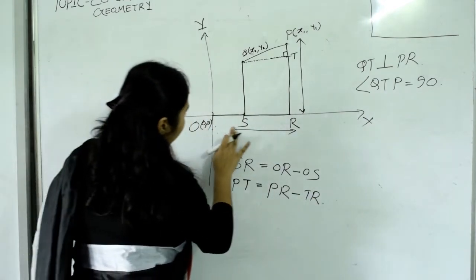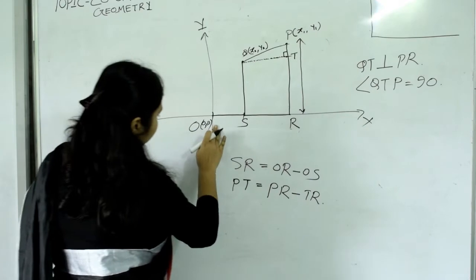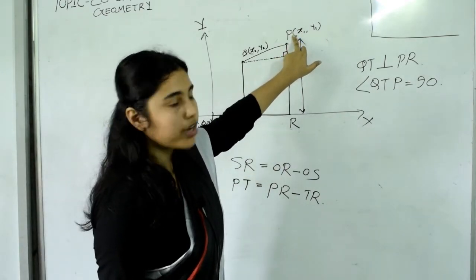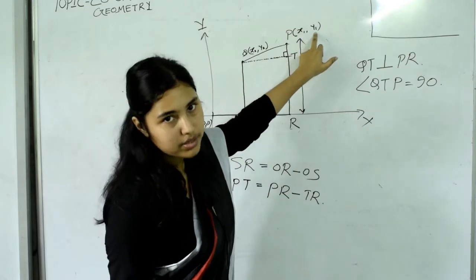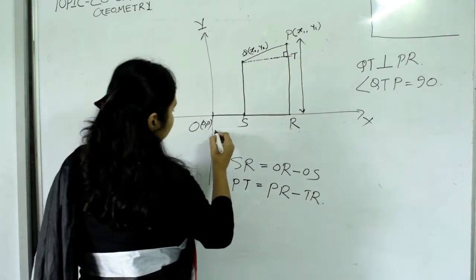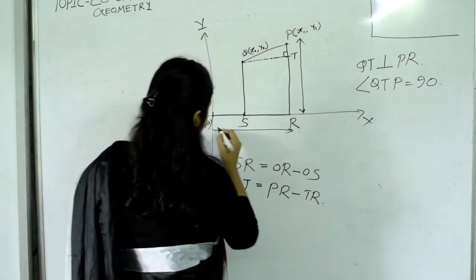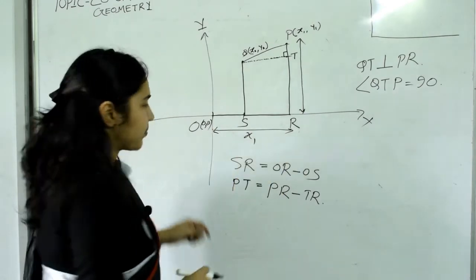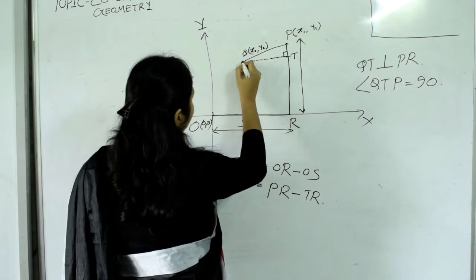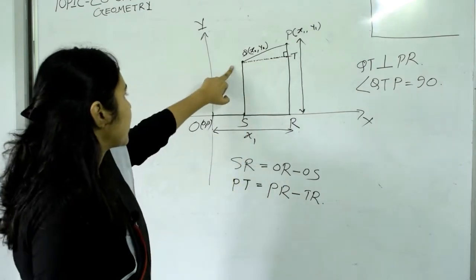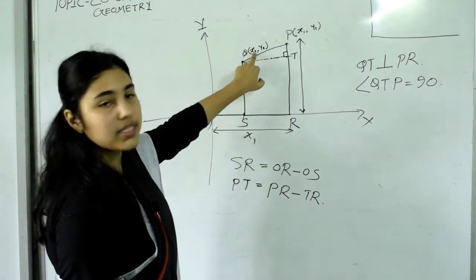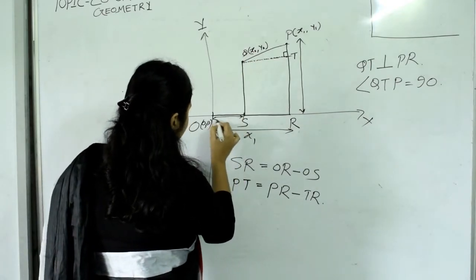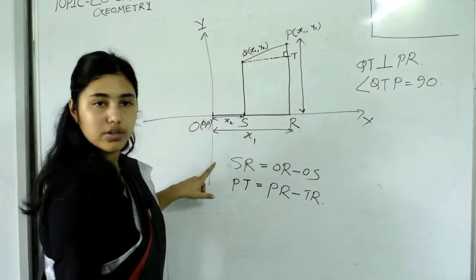Now, here the coordinate of the point P is x1, y1, right? Which means this distance OR is x1. And the abscissa of point Q is x2, which means this distance OS is x2, right?